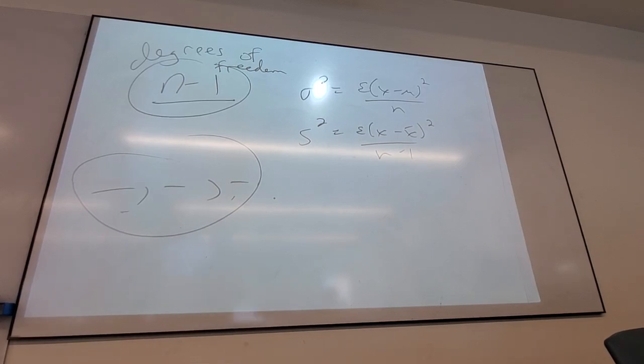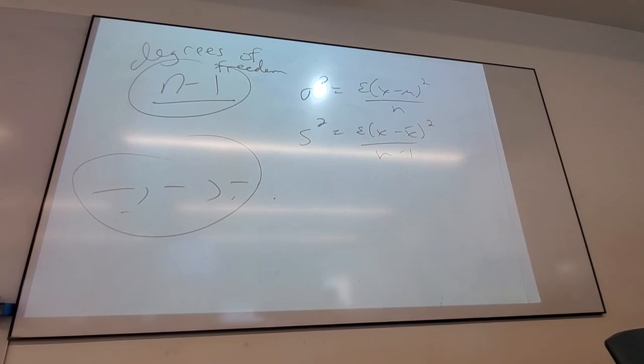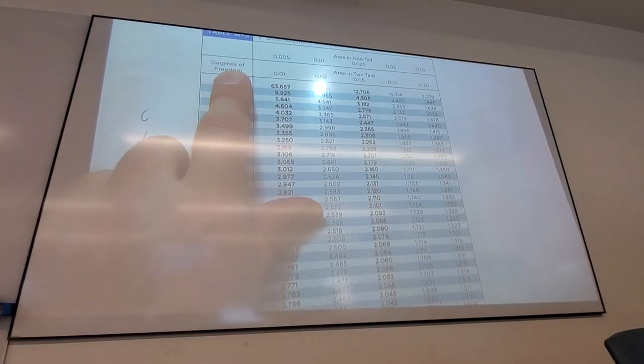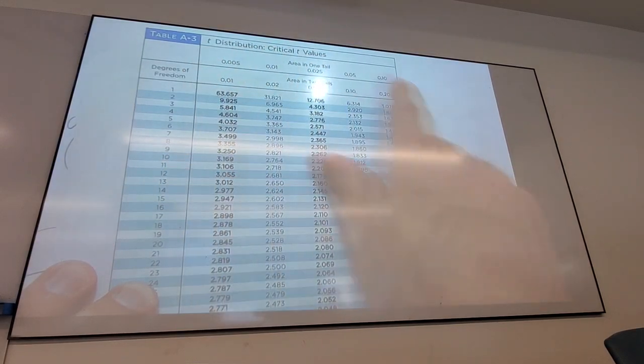Can you guys see? Actually, I'm sorry, it says actually degrees of freedom, not DF. That's nice. Up top is some weird stuff.